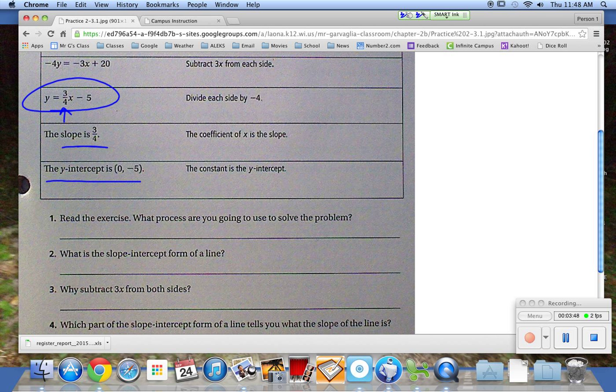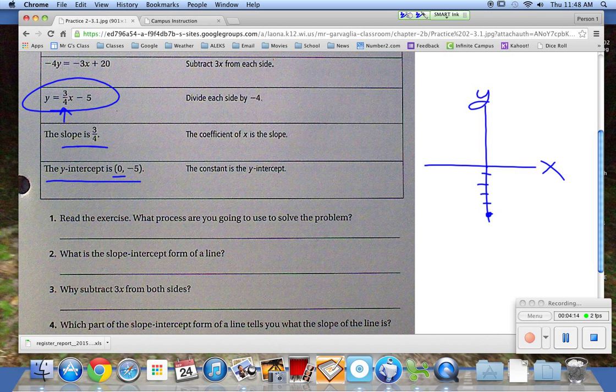If you look at an xy axis, here's your y, here's your x. The y-intercept is when x equals 0, and in this case, negative 5. So we'd count down 5 here. And that's where our line, if we were going to graph this, intercepts the y-axis.